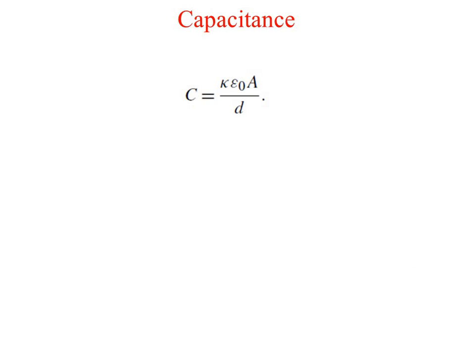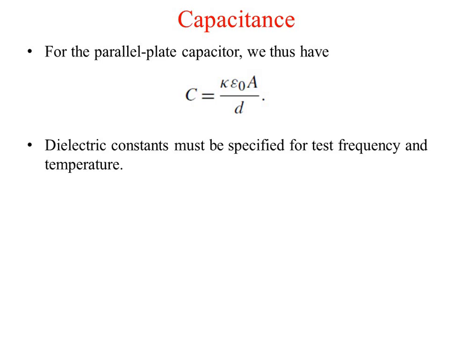If you are using a dielectric, then you can define the capacitance C is equal to K into epsilon 0 A by D. Obviously epsilon 0 A by D is the previous one, and K is the constant you get. So for a parallel plate, the capacitance C is equal to K epsilon 0 A divided by D. The dielectric constant must be specified for test frequency and temperature.